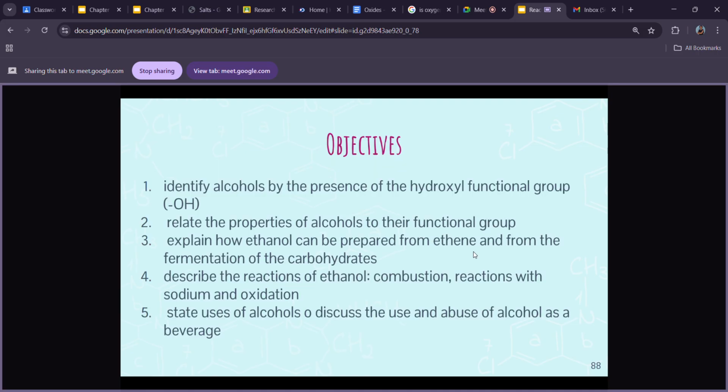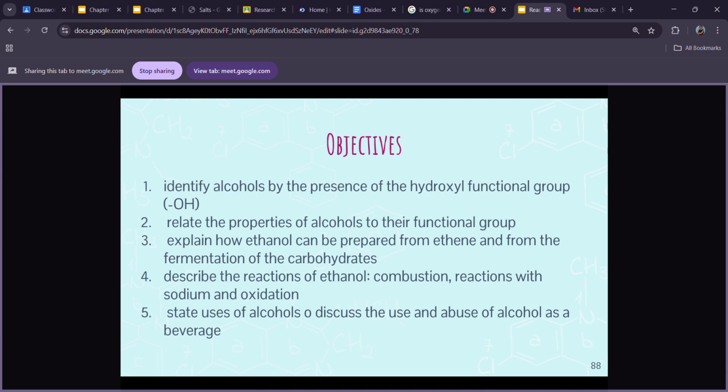This is just a little brief on the objectives for alcohols. It says identify the presence of the hydroxyl functional group, relate the properties to their functional group, and explain how ethanol can be prepared from ethene and from the fermentation of carbohydrates.